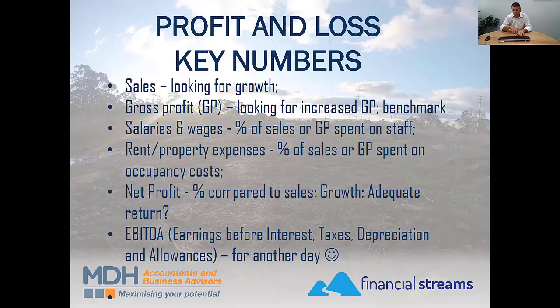Some businesses I see will also benchmark that against the gross profit, depending on the nature of the business, but typically you'll benchmark it at least back to sales and manage that accordingly. Bear in mind, salaries and wages also have on-costs. Typically you're going to have 9.5% superannuation, and then you might have workers' comp and payroll tax, depending on the size of the business. So bear in mind that your actual cost might be slightly higher once you add in your on-costs.